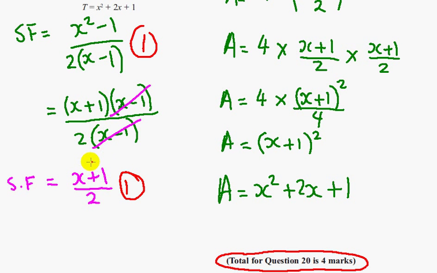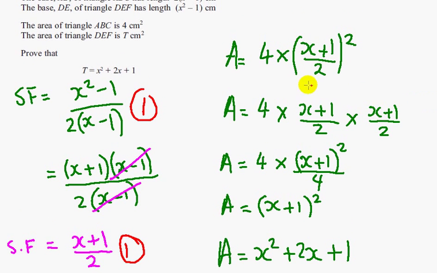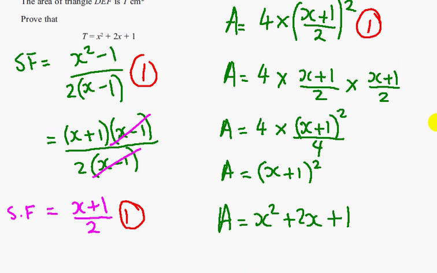Or you could have got half open bracket x plus 1 close bracket as a scale factor, same thing. The third mark is then for trying to find the area of the big triangle and realising that's going to be 4 times the scale factor squared, which is here. And the fourth mark is then, or this here, whichever way you do it, to get it to equal this, to prove that t equals x squared plus 2x plus 1. So that's the fourth mark, and that's question 20.